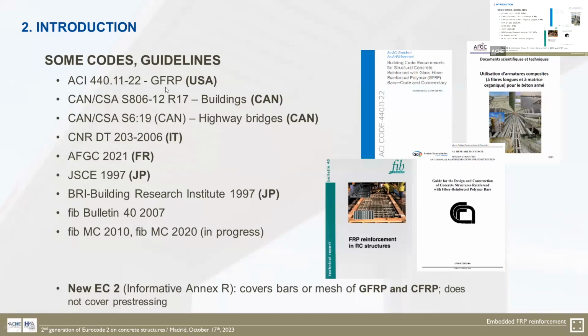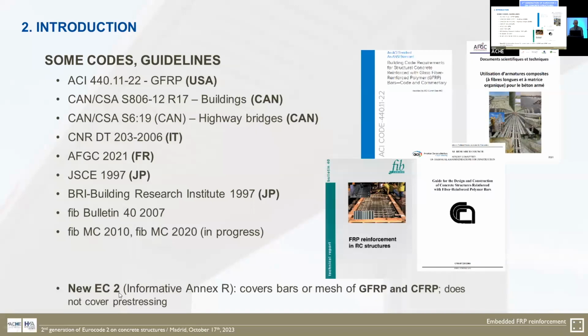This is only for GFRP because it's by far the most used reinforcement at that time. Canada, Italy, France, Japan. There was a FIB bulletin in 2007 for embedded reinforcement. And also this material was introduced in Model Code 2010, but now it has been extended, or it will be extended in 2020, which is still in progress.